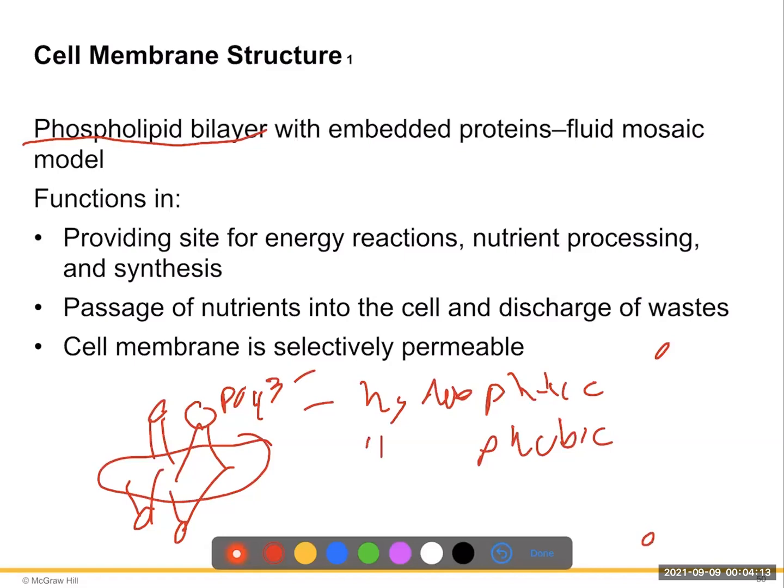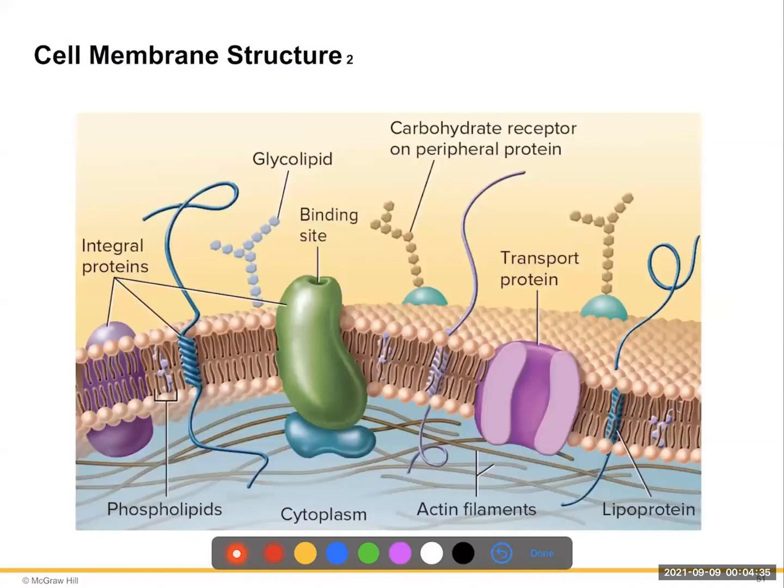The cell membrane functions as a site for energy reactions, nutrient processing, and synthesis. It allows the passage of nutrients into the cell and allows waste products to leave the cell. It's selectively permeable, which means only certain things get in and only certain things go out. This is a better picture than I can draw.